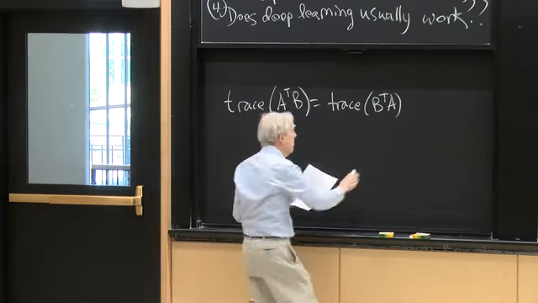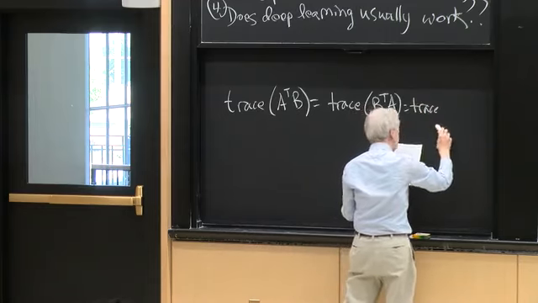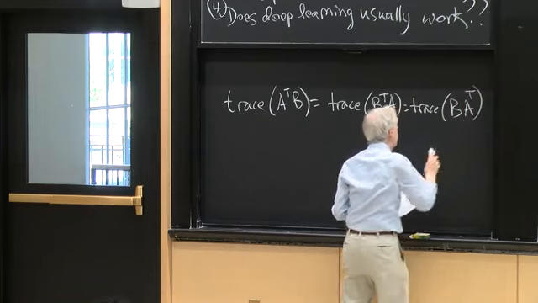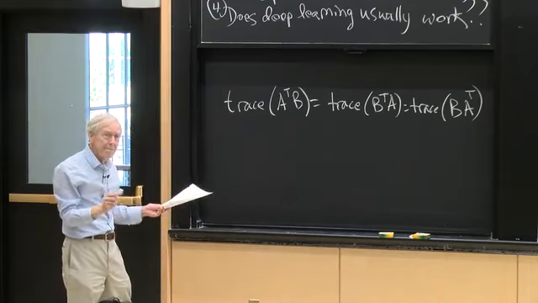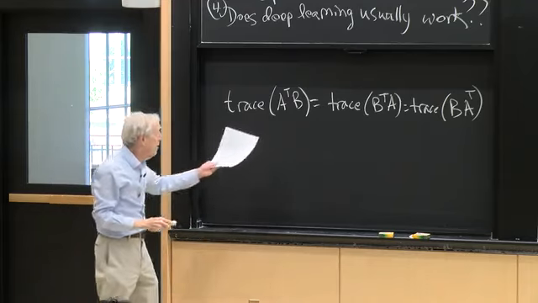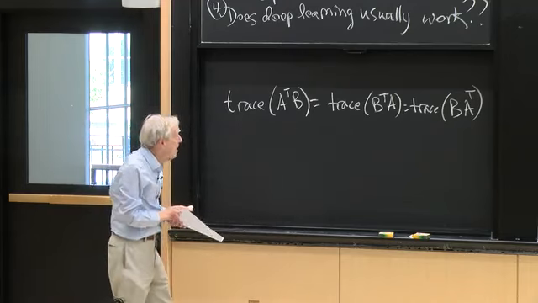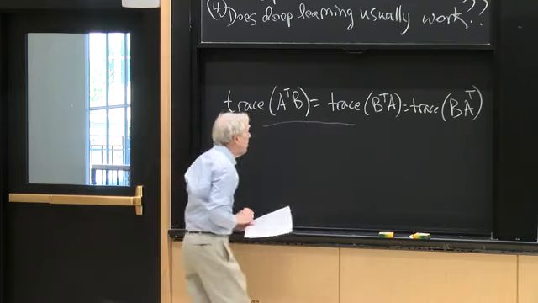And it's equal to the trace of B A transpose. So you can make little changes in your matrix without changing the trace. Let's see why one of these is true. Why is that first statement true?